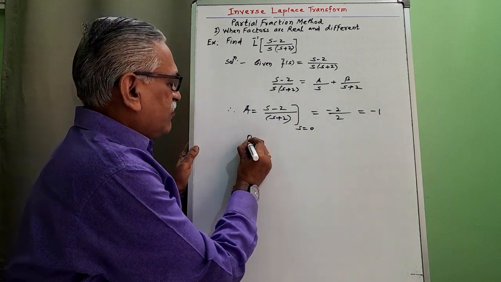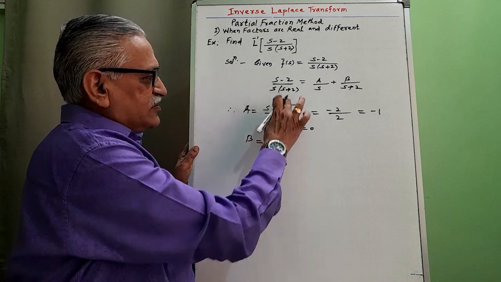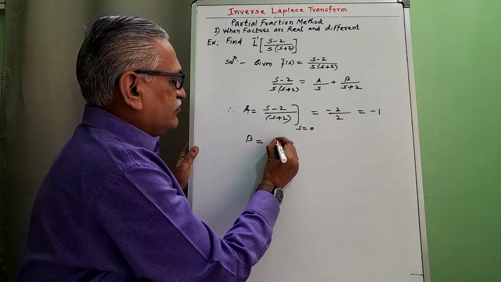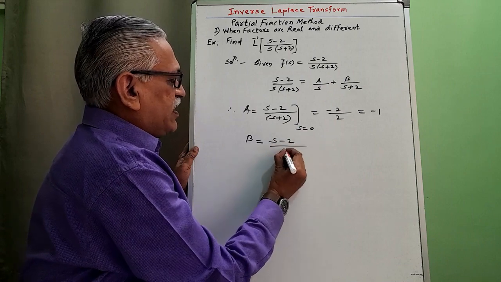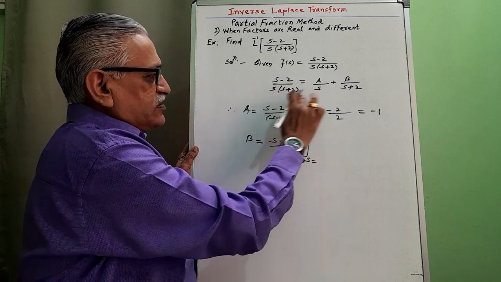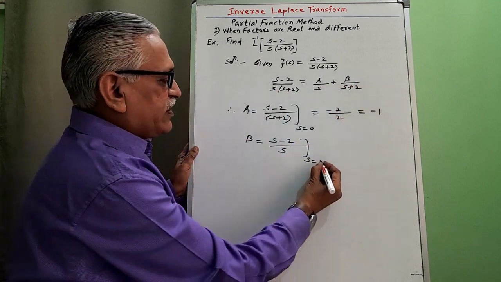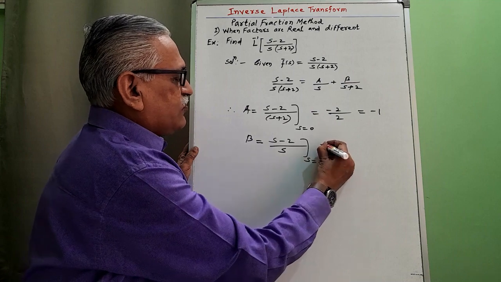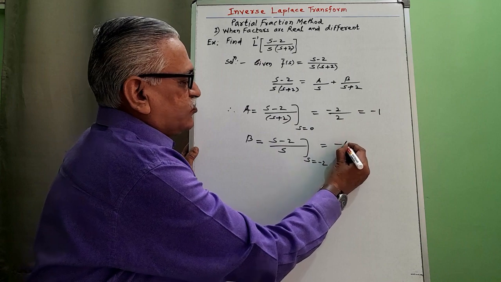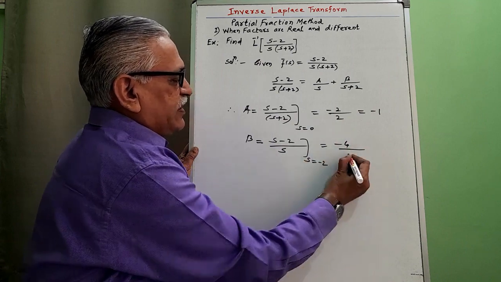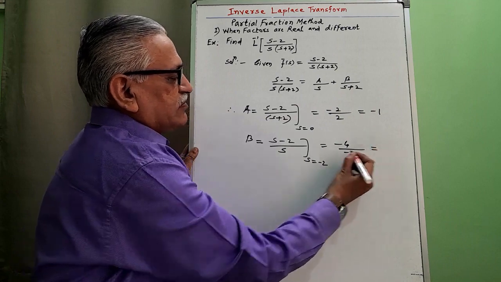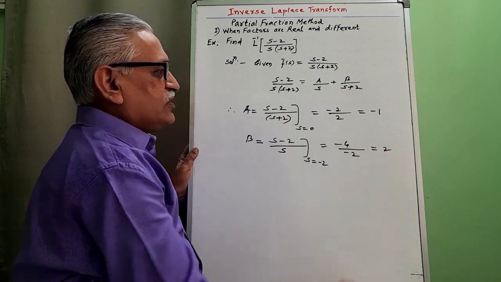Then value of b. This time we have to neglect this s plus 2. The remaining term is s minus 2 divided by s, at s equals, equating this s plus 2 equal to 0, we get s equals minus 2. Therefore substituting s as minus 2, we get minus 4 divided by minus 2, minus minus becomes plus, 4 by 2, we get that value as 2.